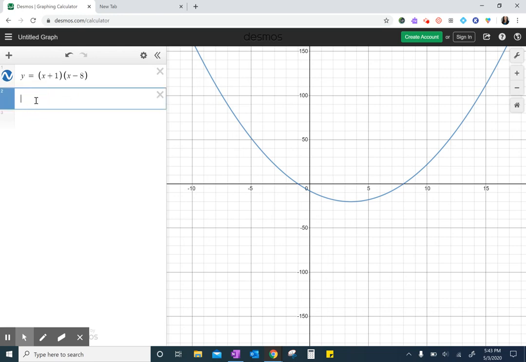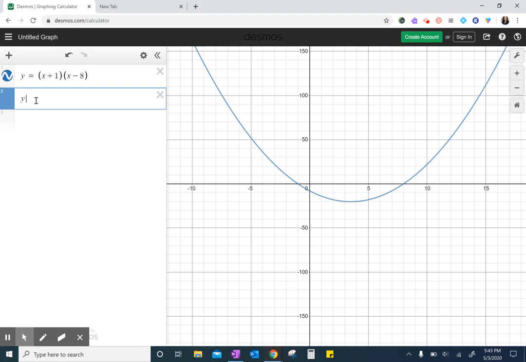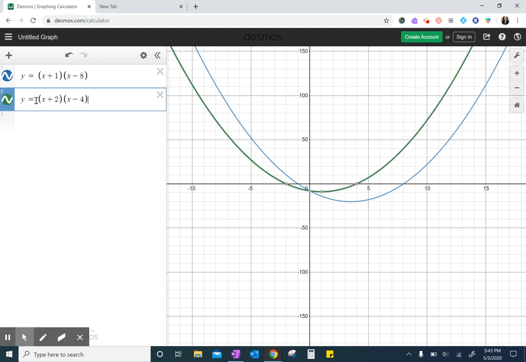And let's go into the other one. X plus 2, x minus 4. And you can see it's almost like it took the parabola and just moved it over a little bit. And it's only crossing there at 0, negative 8.